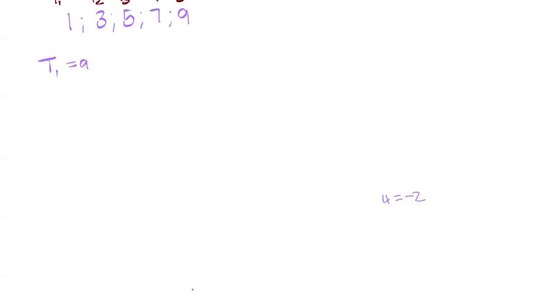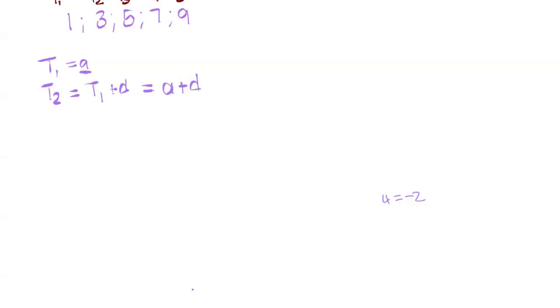And then your next term, T2, as I mentioned earlier, you use your common difference to find the next term. So in this case, we'll denote our common difference as D. So then that would be T1 plus D. Okay? And that is equal to, as we mentioned here, that T1 is A. It's A plus D, right?